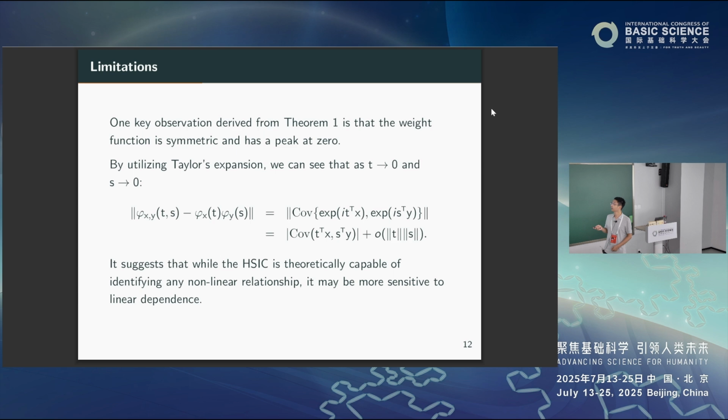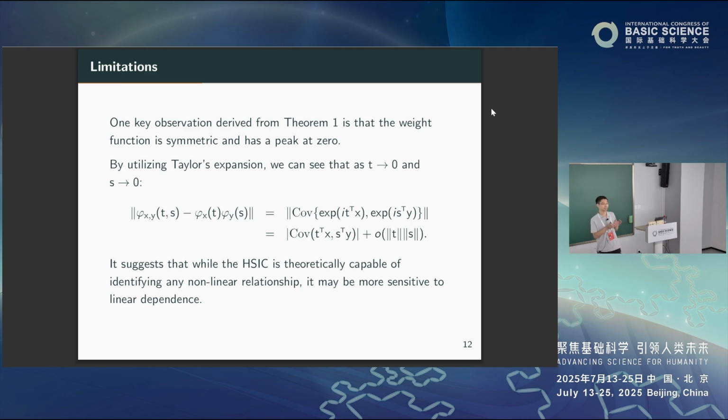And more importantly, as we said, the key observation from our first finding is that the weight function is symmetric and has a peak at 0. Because the HSIC is the integration of the weighted difference between the joint and marginal characteristic functions, and the weight has a peak at 0.